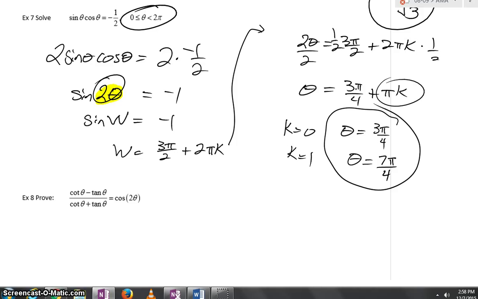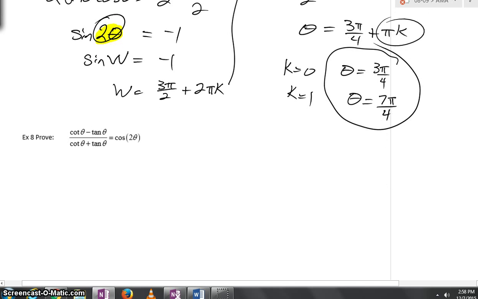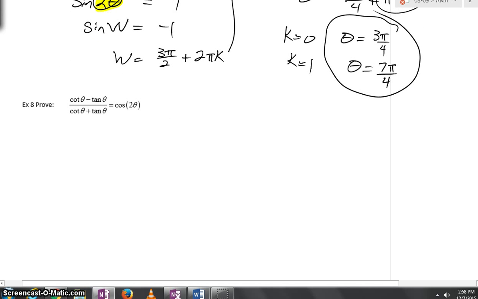Okay? For number 8, last one. Sometimes kids are thinking, oh my gosh, wow, an identity where I have to arrive at the cosine of 2 theta. Yeah. Would we all agree, though, that the left side does, in fact, still appear to be more complicated?